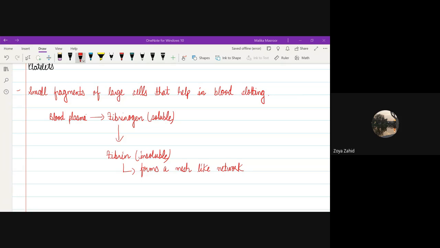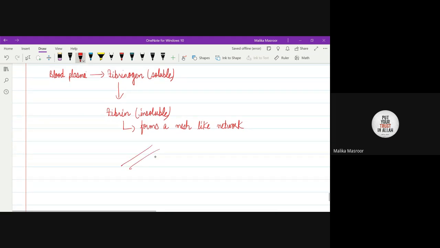Miss, can you repeat what you said after fibrin? Okay. Fibrin is insoluble, so it will not dissolve. But this fibrin will form fibers that start to pile up on top of one another. That forms a mesh-like network and this helps to seal the wound.